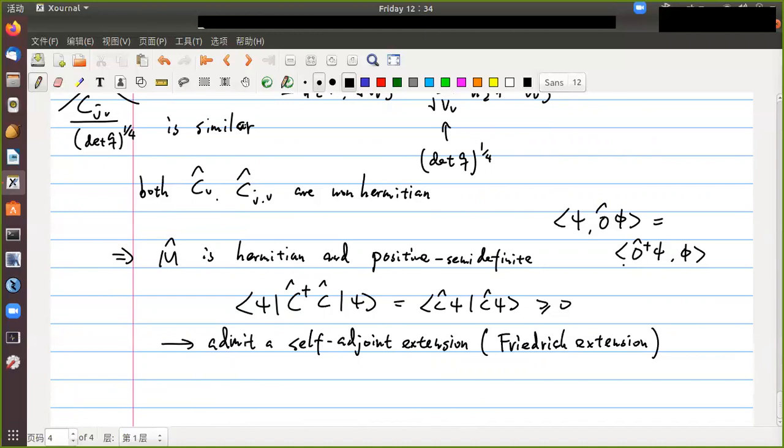Whenever you find a self-adjoint extension for an operator, the operator is called self-adjoint, and you can really say that O dagger equals O. Maybe I write more explicitly.